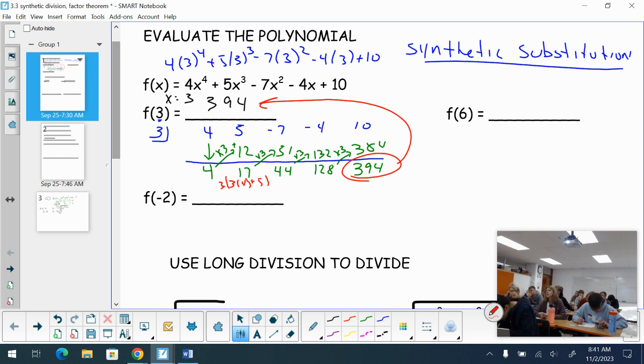And if one is missing, what do you think we put in there? 0. Because if we had x cubed plus x to the first minus 7, that would give me x cubed plus 0x squared plus x minus 7. So I put a 0 in there, so I maintain my degree place order.